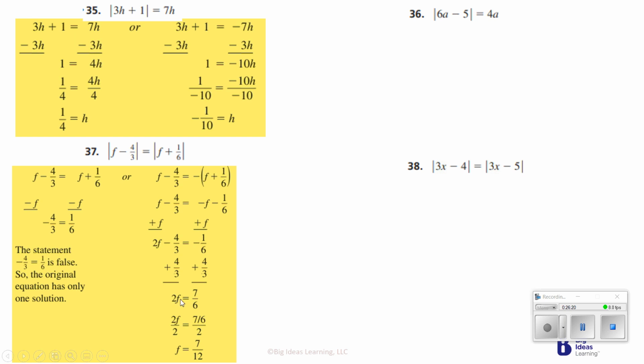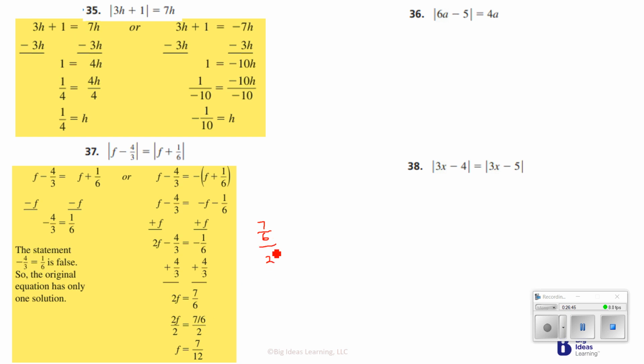To solve this, I will divide my coefficient away, leaving my variable. So I'm going to divide by 2. Whatever I divide from one side to the other, 7 over 6 divided by 2 is going to give me, excuse me, 7 over 12. You might be thinking, how did you get 7 over 12? Remember, when I have a fraction divided by a fraction, this was 7 over 6 divided by 2.